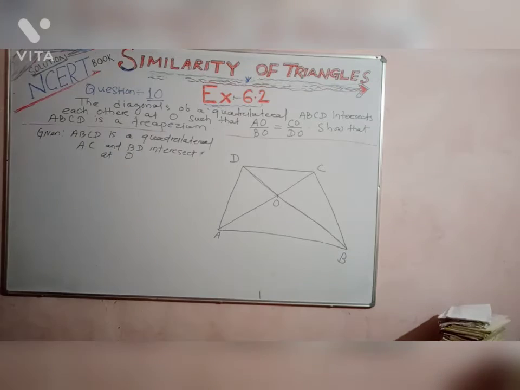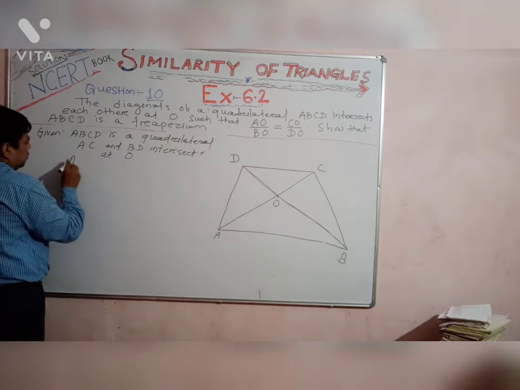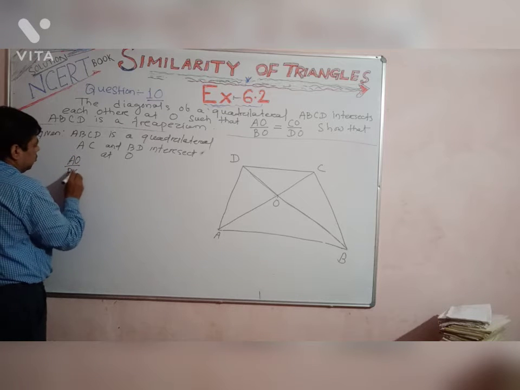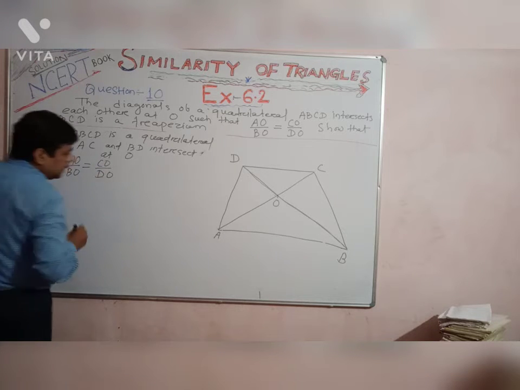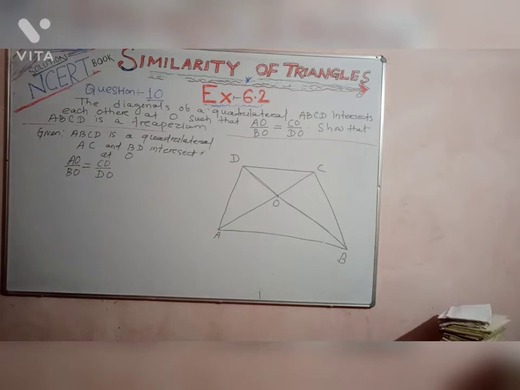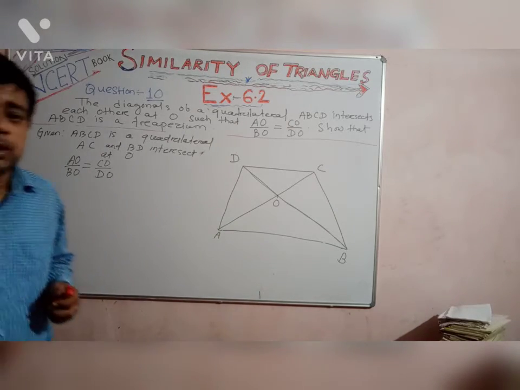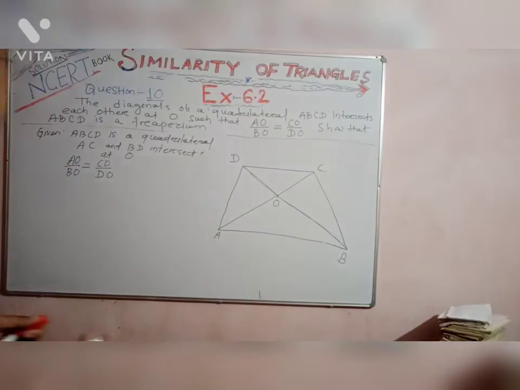And again it is given that AO upon BO is equal to CO upon DO. Understand?